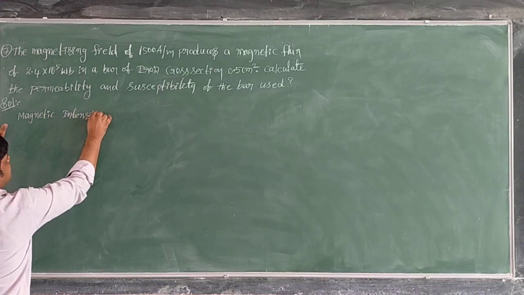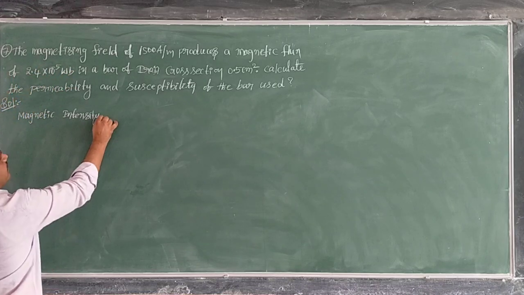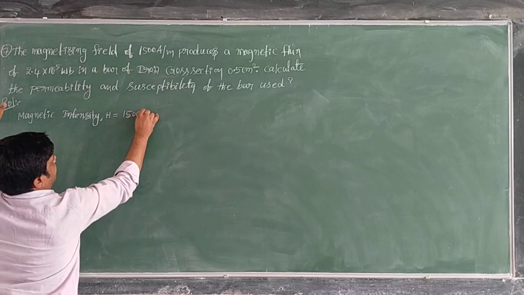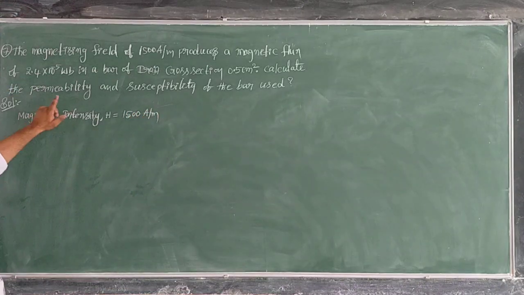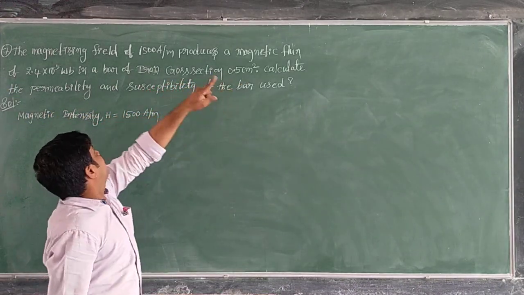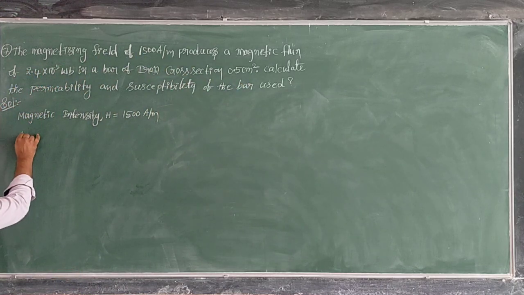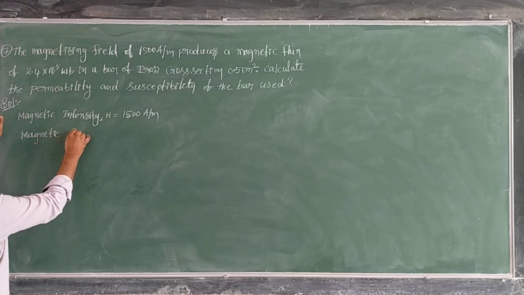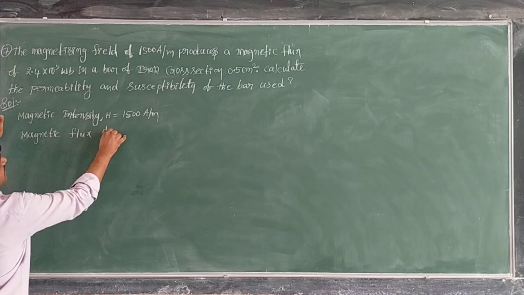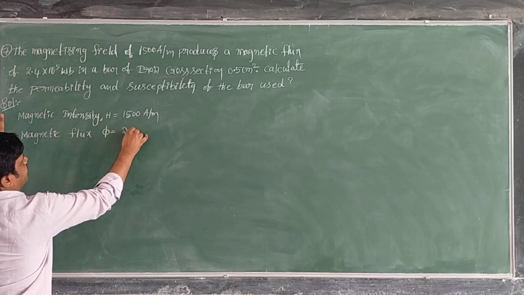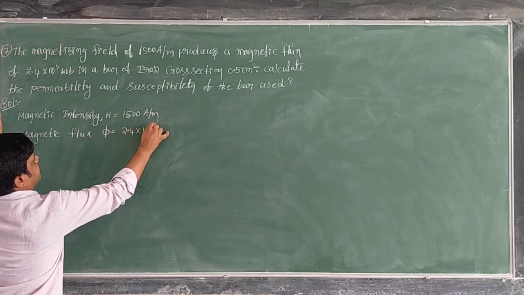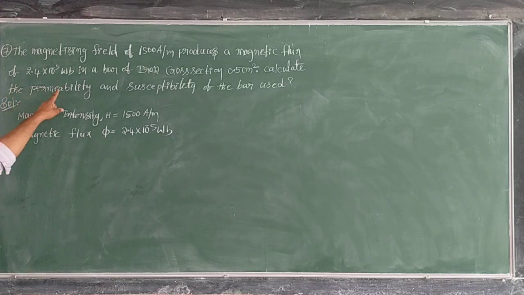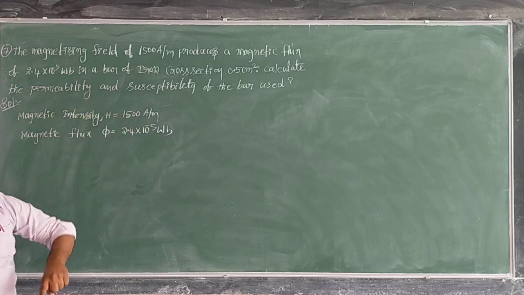Magnetic intensity H is equal to 1500 ampere per meter, which produces a magnetic flux, denoted by phi, equal to 2.4 into 10 power minus 5 Weber in a bar cross section.